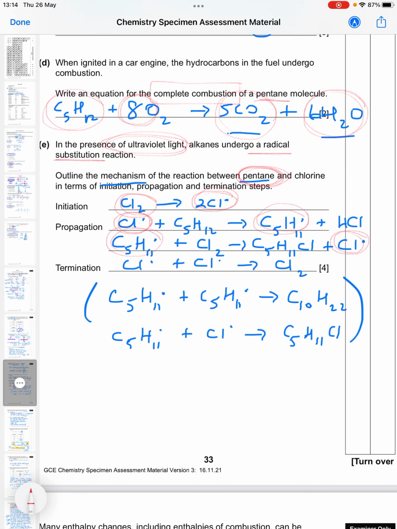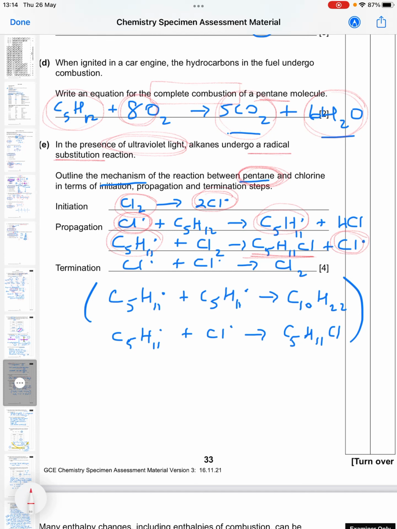So you see in the first one, there's a chlorine radical and pentane giving us the radical from the pentane, C5H11, with the dot for the radical, and HCl, and then that radical going on to react with chlorine gas to give us C5H11Cl and a chlorine radical.